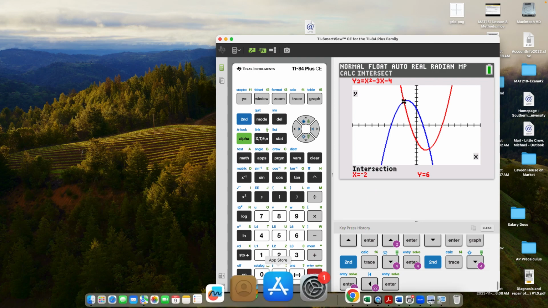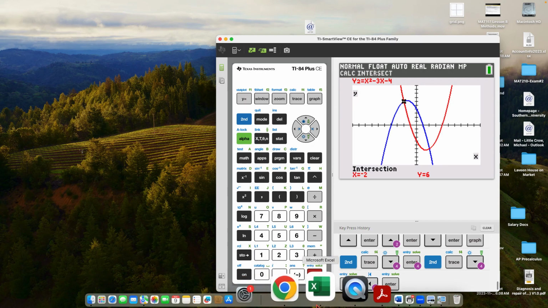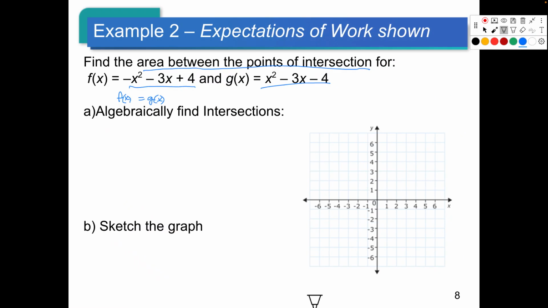We okay with that? Okay, so again, if you haven't used this part of the calculator before, a little bit of practice is good, it's good to know this feature. Let's see, I'll go back here. I'm just going to put that down as a note, x equals negative 2 comma 2. So that's going to be my boundaries. But let's do it algebraically.